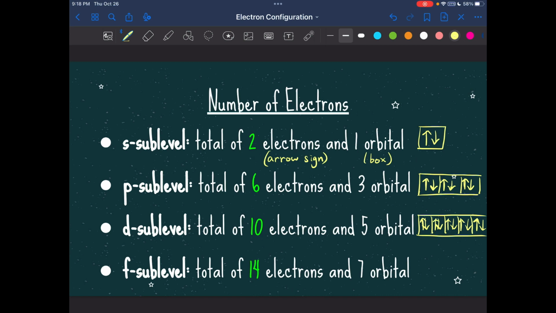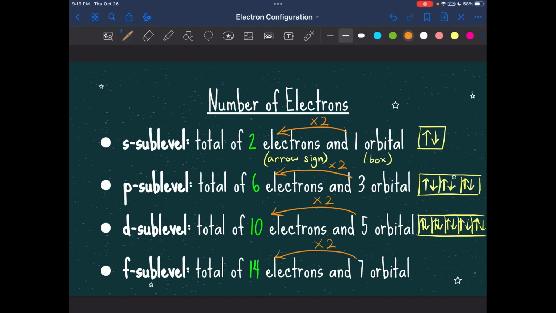So you can definitely see there are some patterns going on, which is every time you have a box, you're always going to multiply by 2. So 1 times 2 gives you 2. 3 times 2 gives you 6. 5 times 2 gives you 10. And 7 times 2 gives you 14.